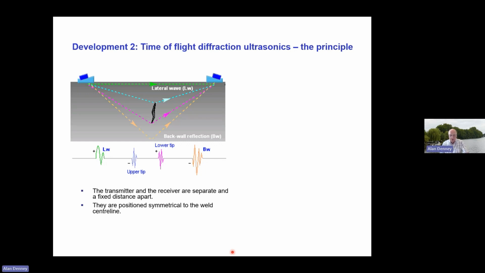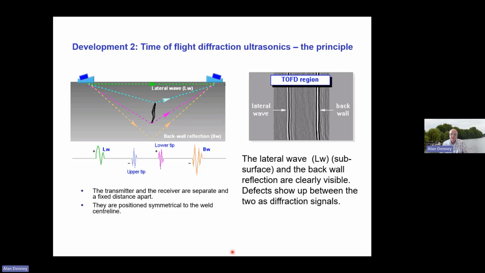As I should have said, those 2 probes are entirely symmetrical to the weld's center line. So it's only possible to do this with butt-weld geometries.